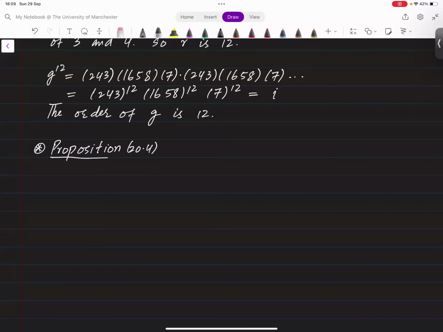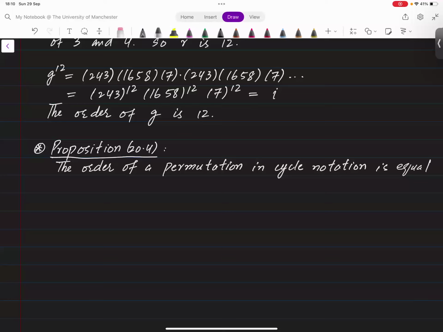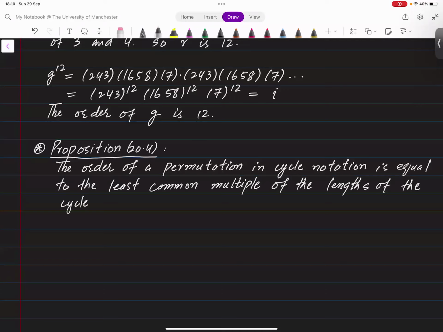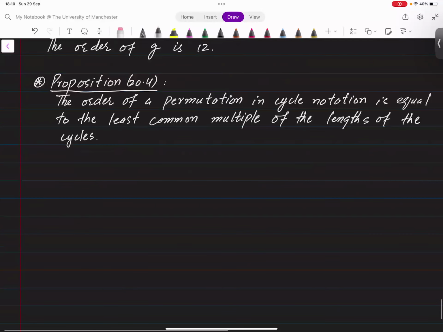Proposition 20.4: the order of a permutation in cycle notation is equal to the least common multiple of the lengths of the cycles, right? The cycles.